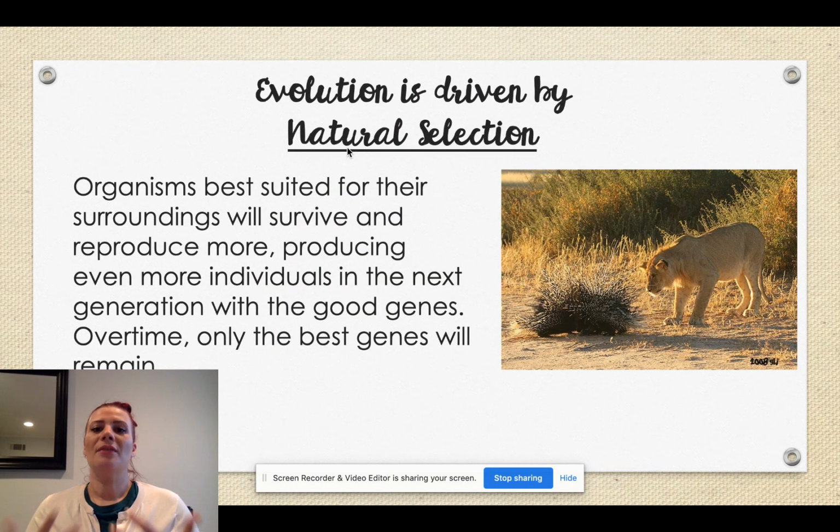The process of natural selection helps camouflage and things like that take place. Evolution is driven by natural selection. This means that organisms that are best suited for their surroundings will survive, because they're best suited. They're more likely to reproduce at a higher rate, so they're going to end up making more offspring that are going to have those genes that are favorable in that environment, right?